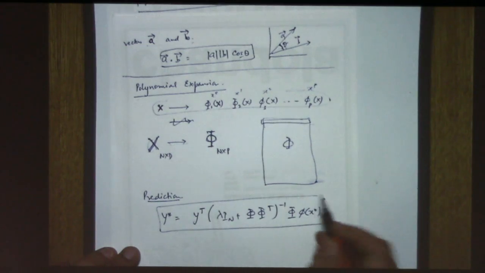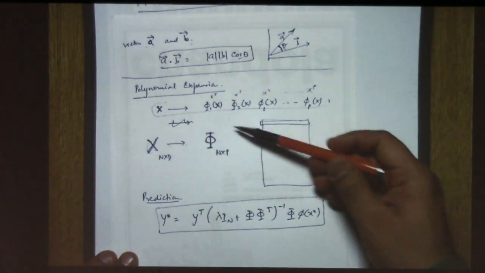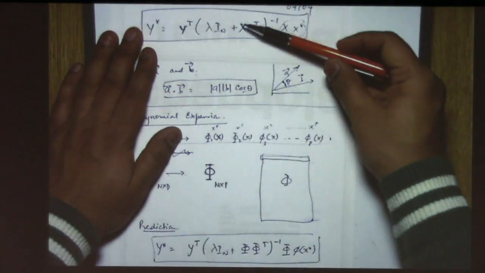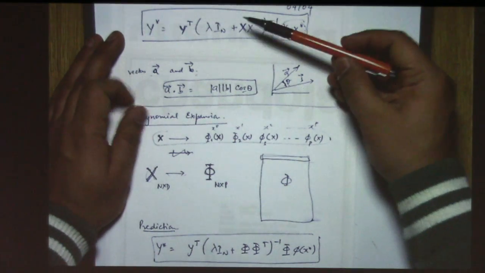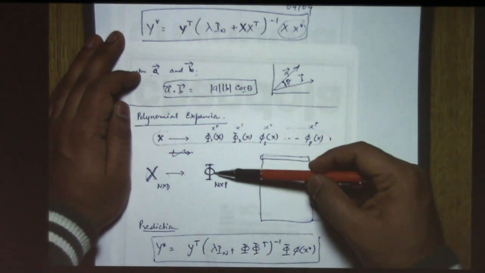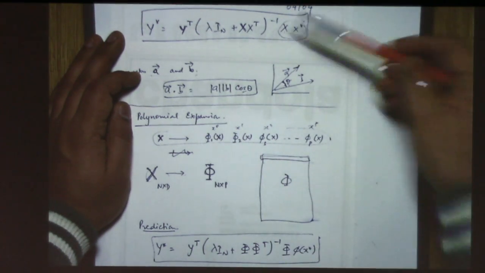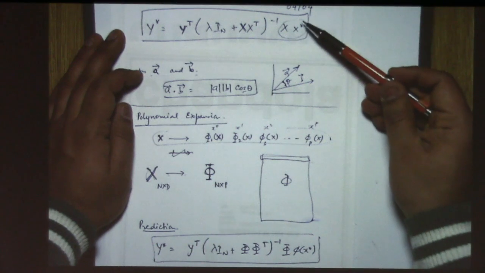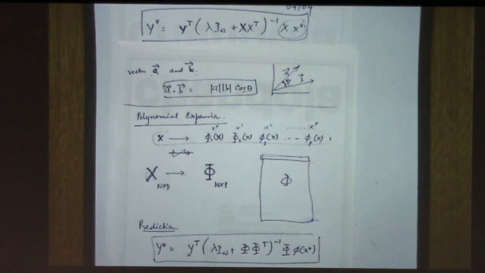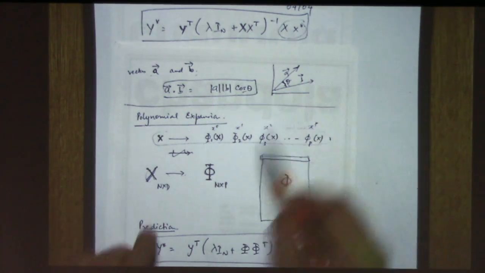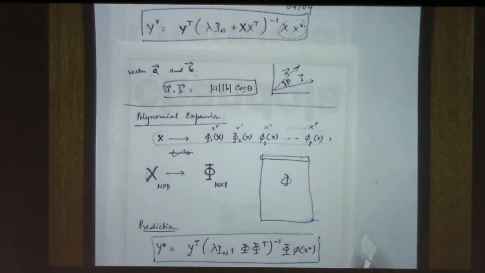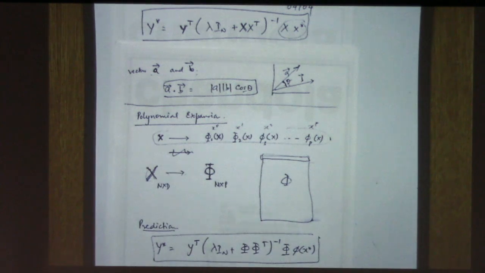All that is happening here is that we have converted our data. Earlier we were working with raw data, but now since our x has become phi, instead of x we write phi here, and instead of your x star, which was your new test object, you have to convert that also into a polynomial expansion. So I write it like this. I'm applying all these functions to this new data object. So this looks pretty similar.